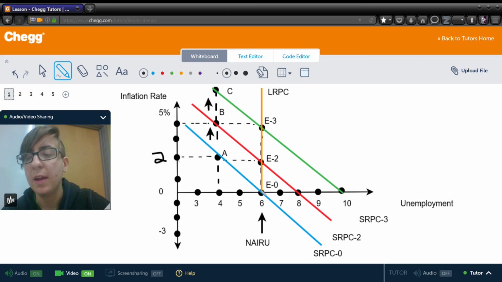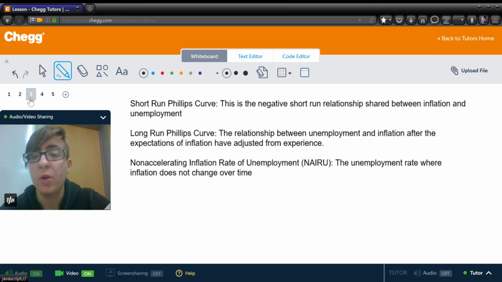So I'll repeat that again without the example in it. No matter the inflation rate, you will always have the same unemployment rate for the long run Phillips curve. That's why it does not move, and it goes through equilibrium 1, equilibrium 2, and equilibrium 3. So that goes back to the non-accelerating inflation rate of unemployment.